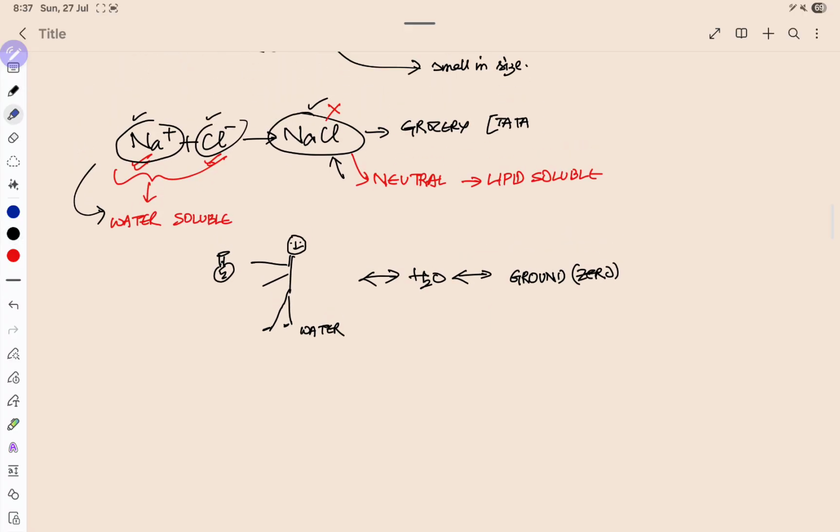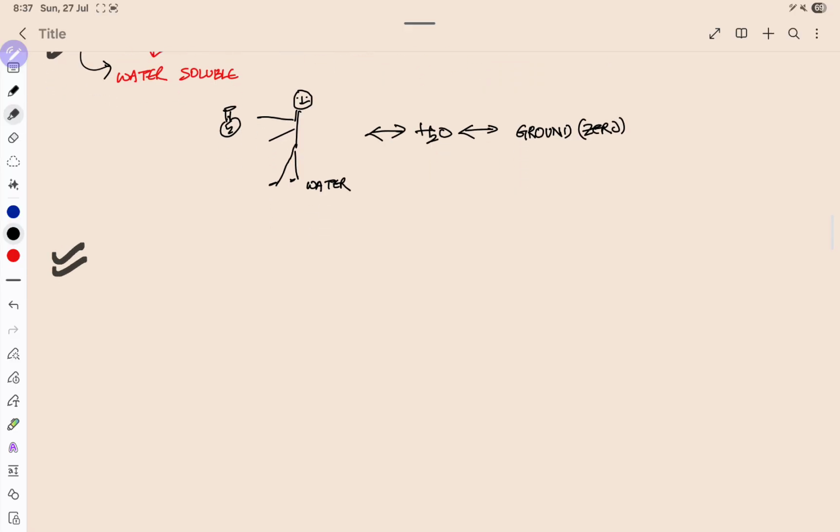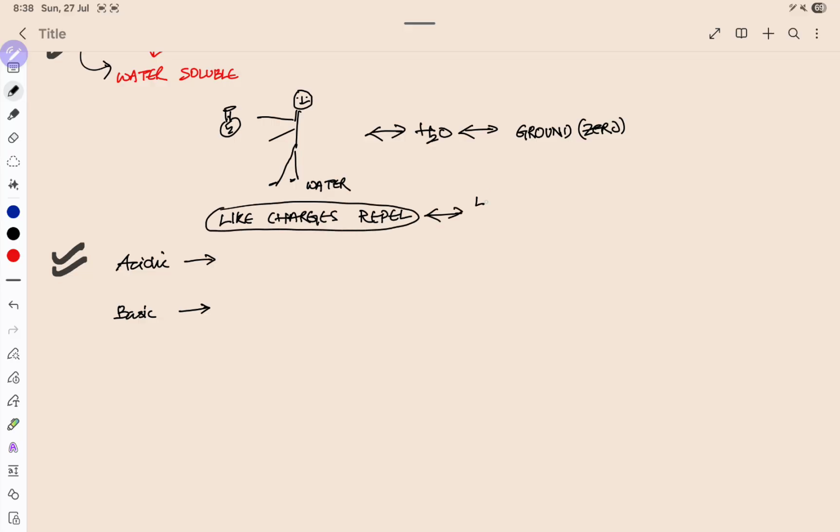Another concept. Now with this we have learned what lipid soluble means and what water soluble means. Now again, by virtue of the pH of a drug, we classify them into acidic and basic. Now in physics, there was a concept of like charges repelling one another. But in pharmacology, please remember, like reabsorbs like.